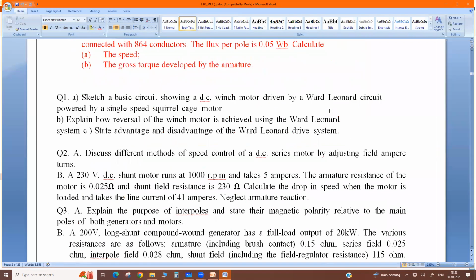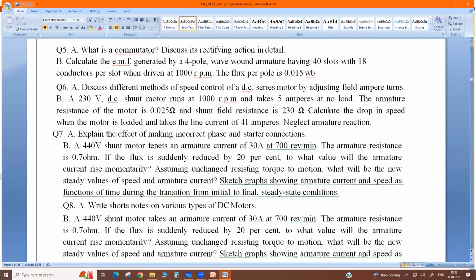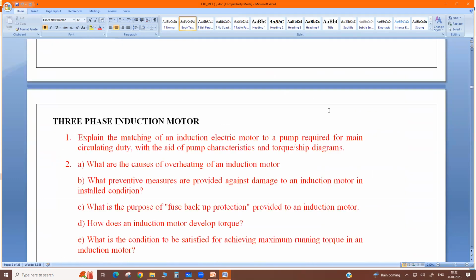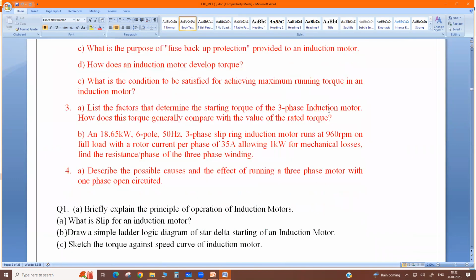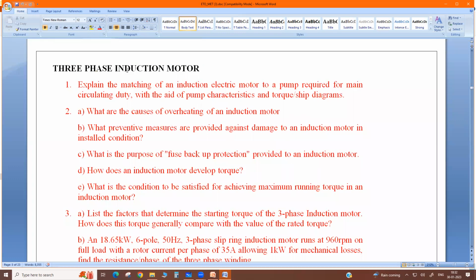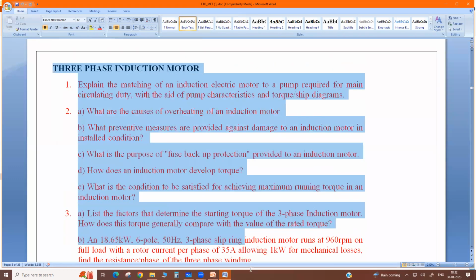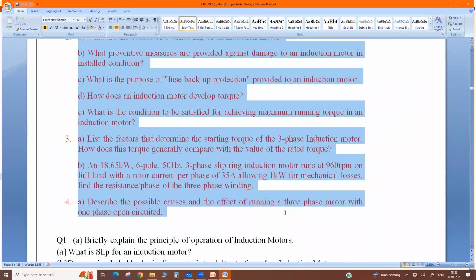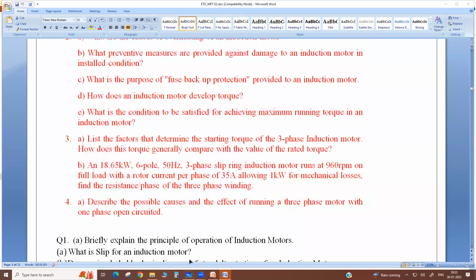Every topic is vast, so we have to limit our syllabus as per what they ask. See, these are the questions from your three-phase induction motor. These were recently asked, recently meaning from August 2020 onwards, when the pattern changed.